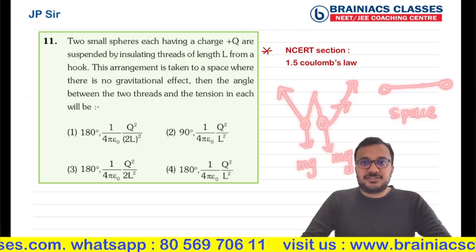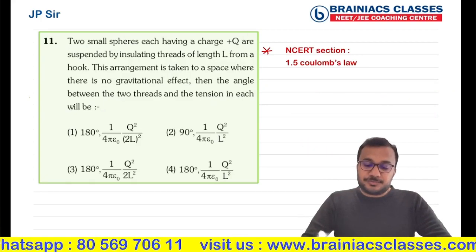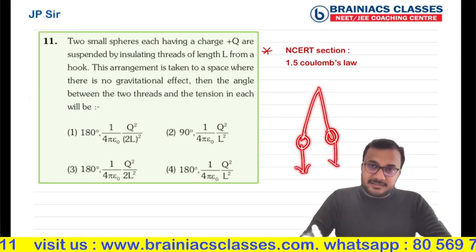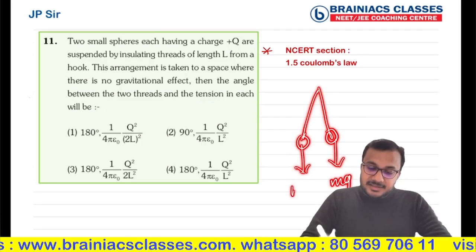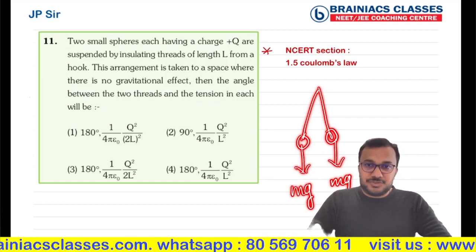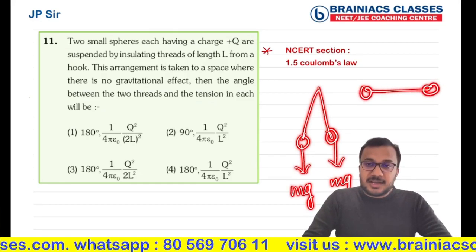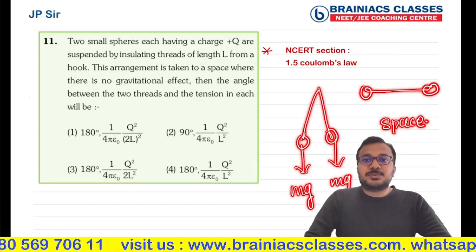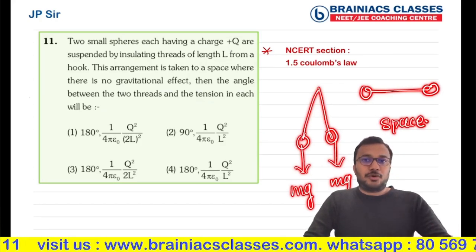Because of the force only, these two threads are hanging like this; this hanging is due to the force mg. If there are no forces, what will happen? This is what happens in space: it will not hang, it will just float.